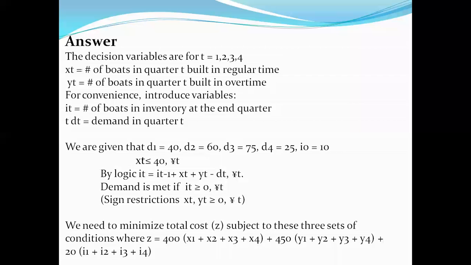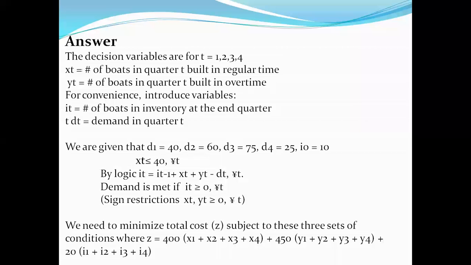But let me consider yt: suppose we do overtime, if the extra time, overtime, is also given here. So if additional time has been taken within that quarter, the regular time and overtime are subclassified here as xt and yt, as per our convenience. We are taking these as variables because they are unknown.